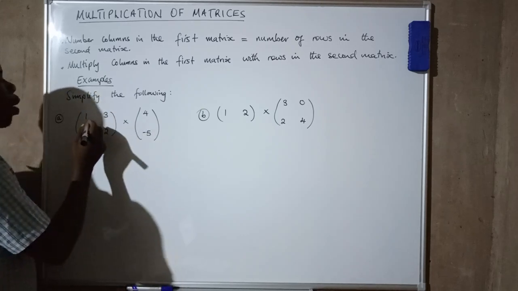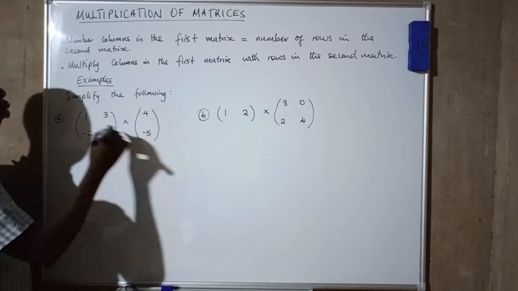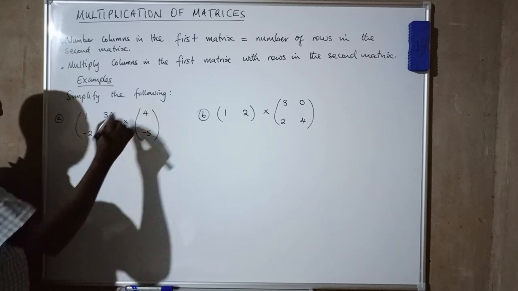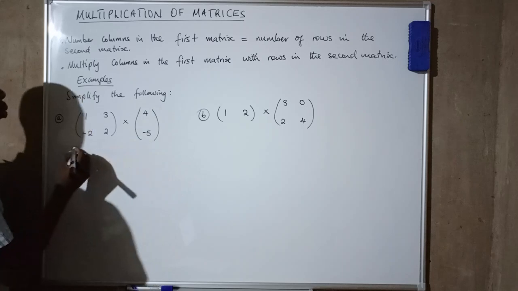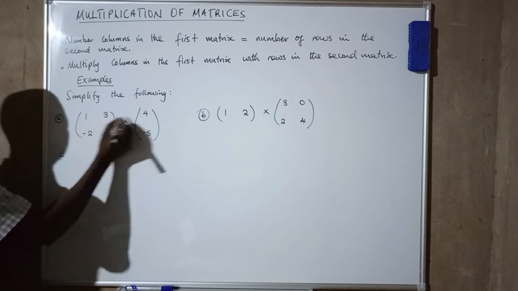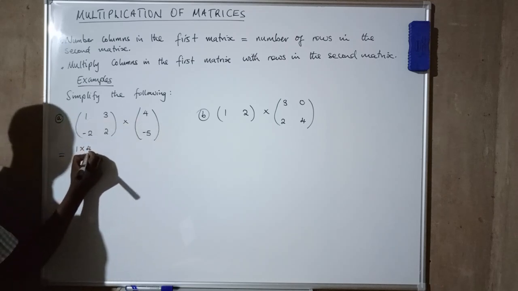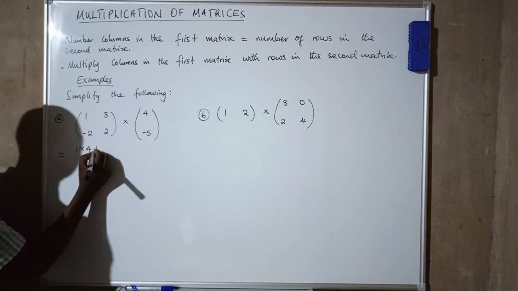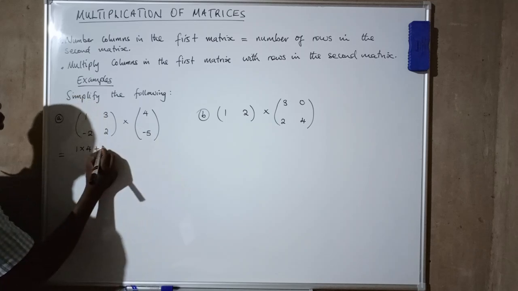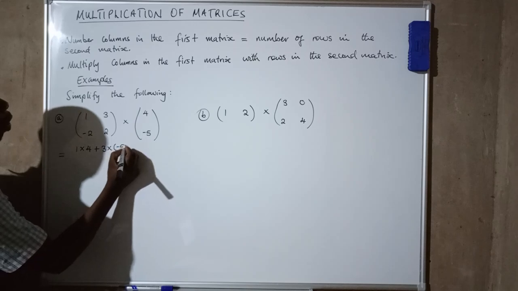So we multiply the column with the rows like that. You get the column with the rows and then this column with the same rows. So say equals. This is how we are going to sum: 1 times 4. When you say plus, you get 3 times negative 5.